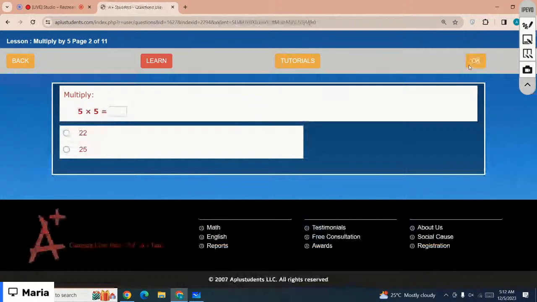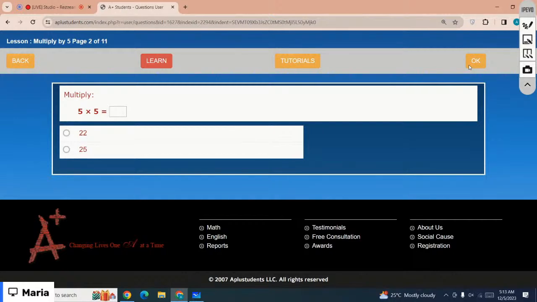The next one is 5 times 5, which is the correct option? Yes, that is 5 times 5 equals 25.